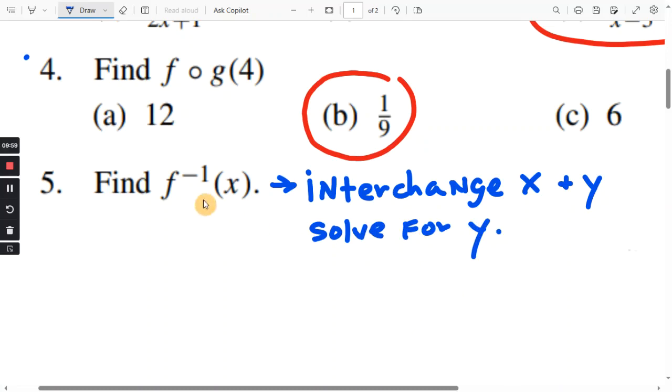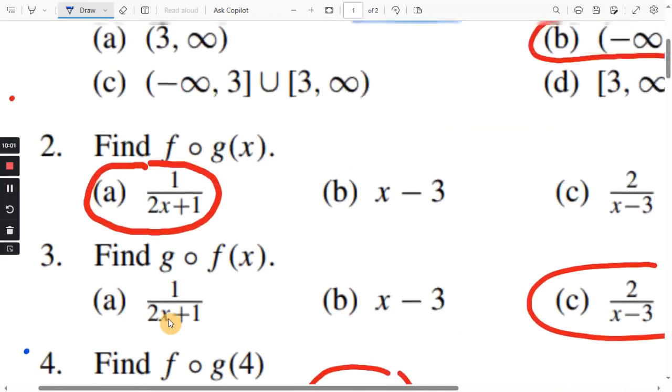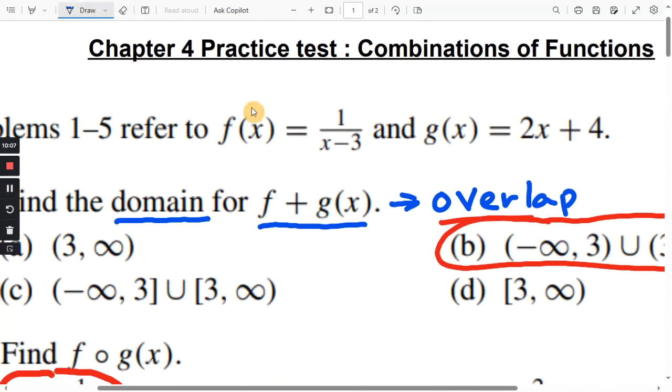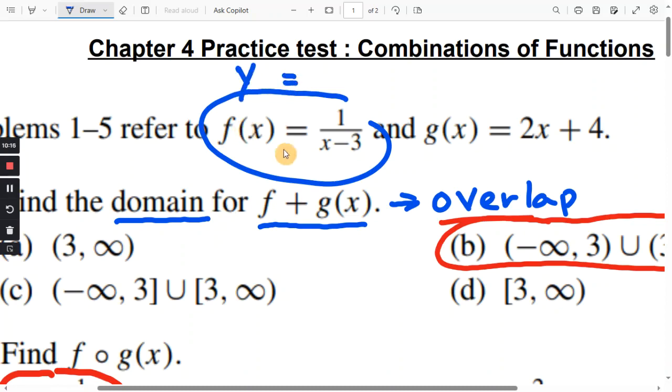All right, so let's look at the function f of x. We have f of x equals 1 over x minus 3. F of x, that's the same as y equals. So it's going to be y equals 1 over x minus 3.